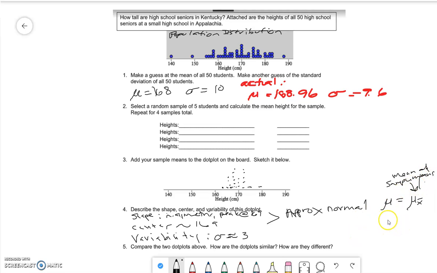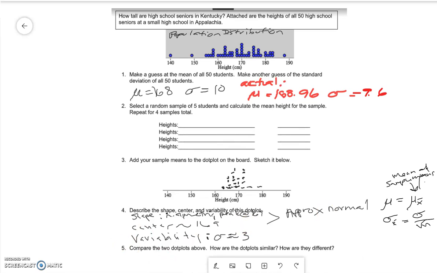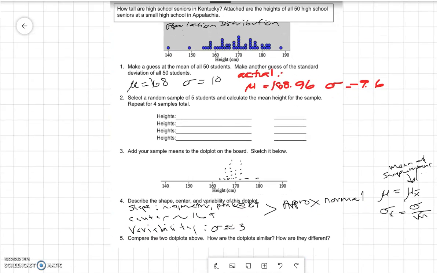The standard deviation of our sample means, though, is the standard deviation divided by the square root of n. All right, now we're over here.